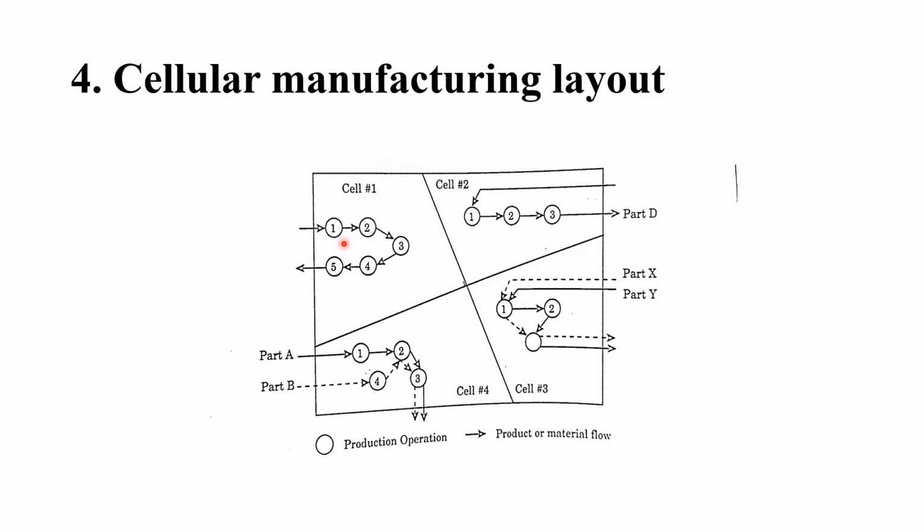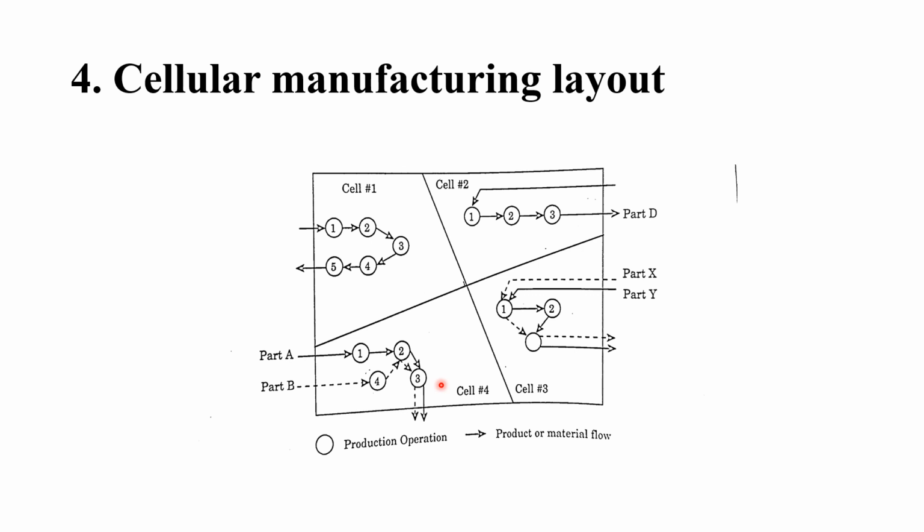Afterwards, all these 3000 units will be taken into cell 2, and the second process will be done. Next it will move to the third part. All these 3000 units will go for the next process in cell 3. Likewise cell 4.